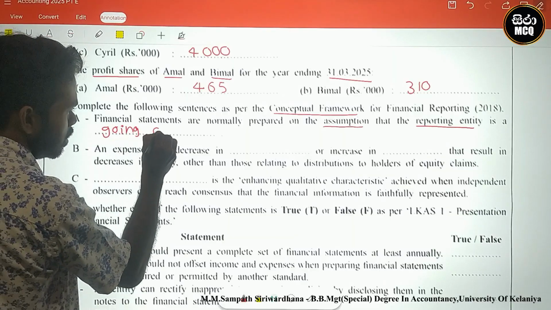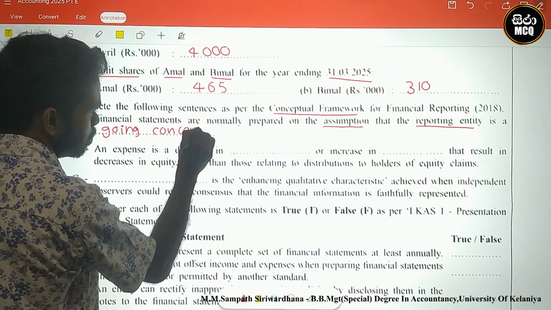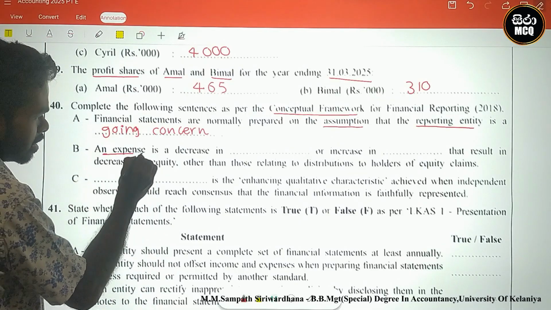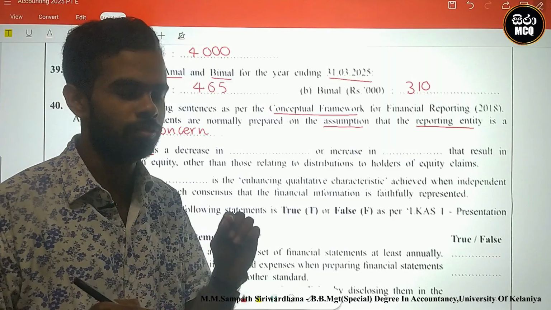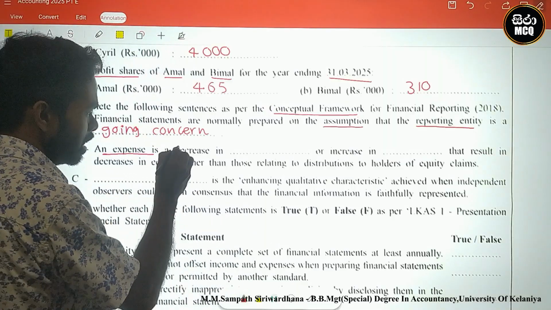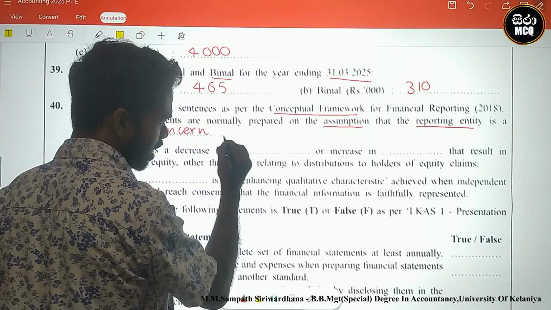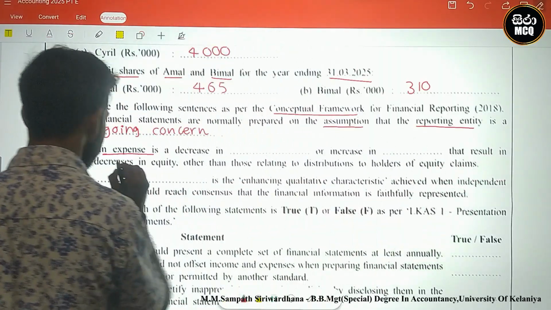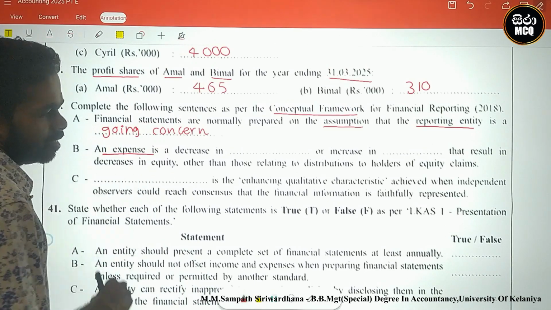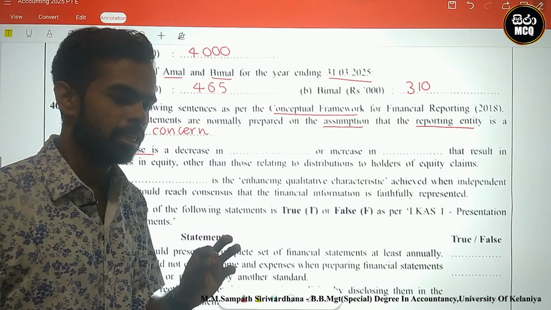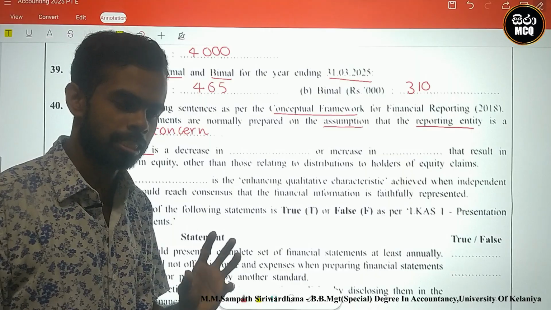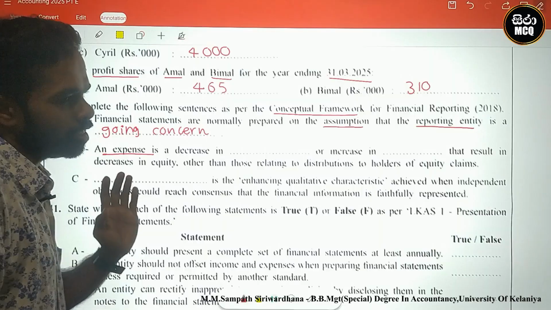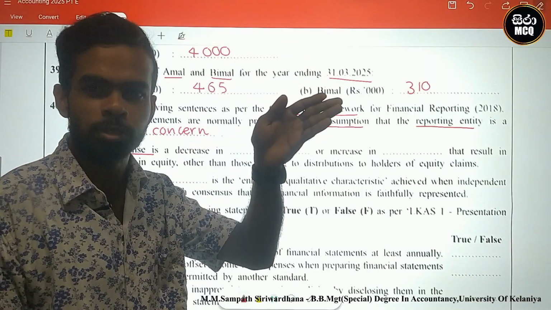Going concern. Okay, let's see the next one. An expense is, the definition of expense: a decrease in blank and an increase in blank that result in decreases in equity. Based on expenses, equity decreases. You know, expenses are related to equity, no?